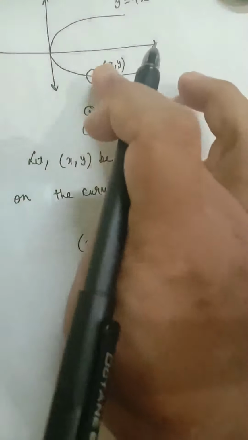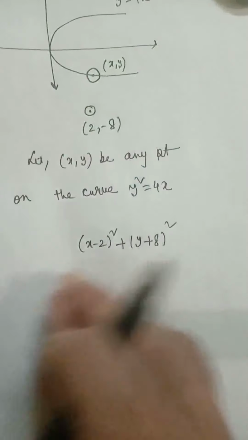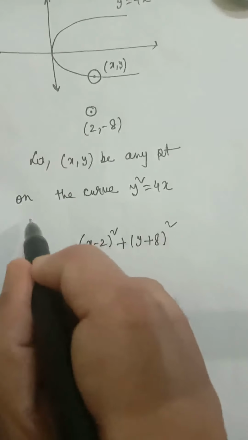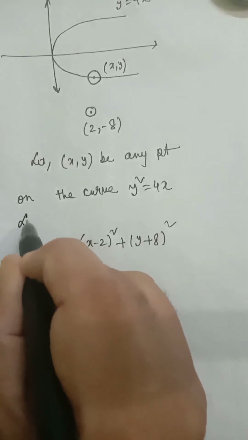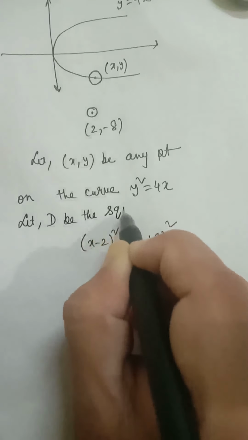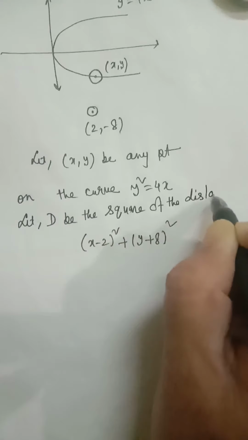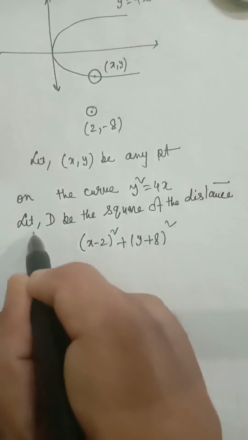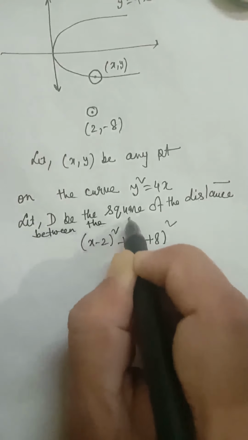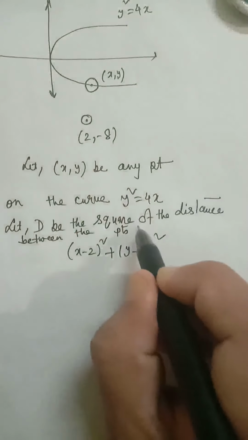Now if we put the root sign, it will be difficult for us to simplify and differentiate, and therefore what we will do, we will write in this way: let D be the square of the distance between the points (x, y) and (2, minus 8).